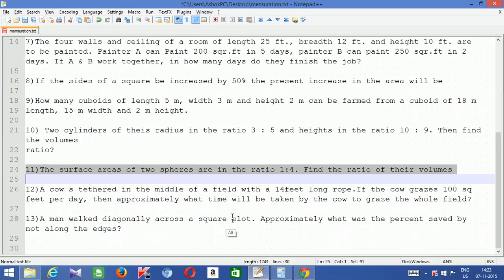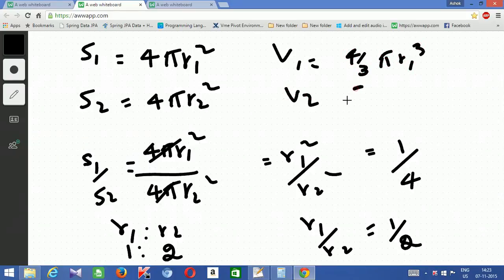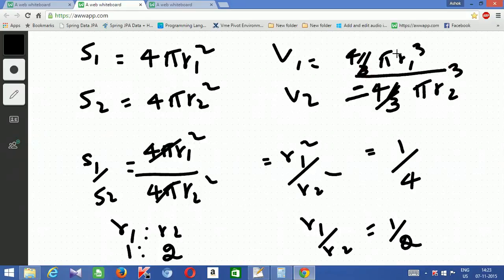The question doesn't stop here. We just found the ratio of the radii. Now you need to find the ratio of the volumes. The volume of the first sphere will be 4 by 3 pi r1 cube, and the second one will be 4 by 3 pi r2 cube. When you divide these two, all the other stuff cancels. You will have r1 cube by r2 cube.